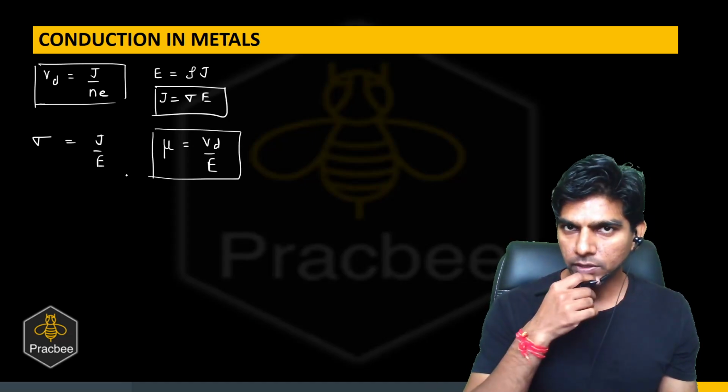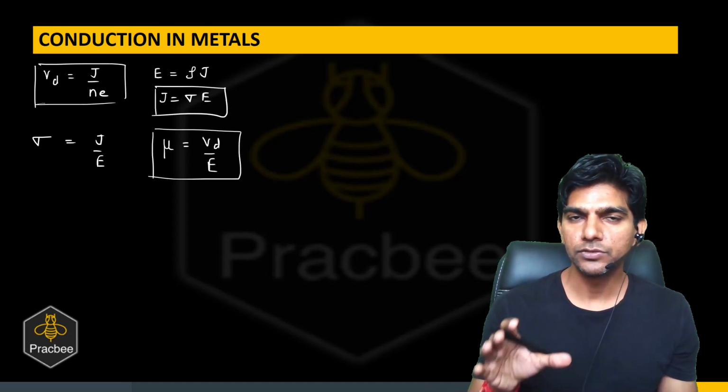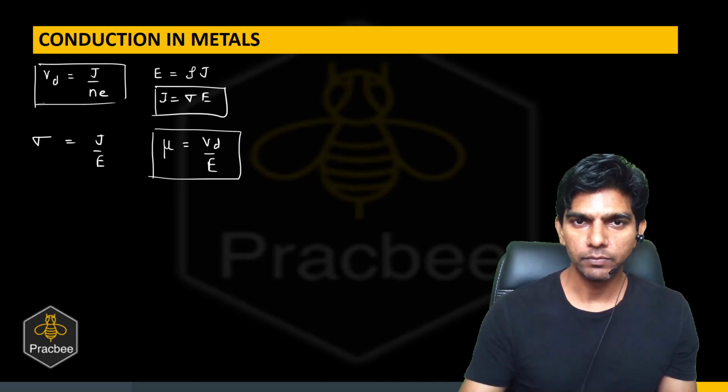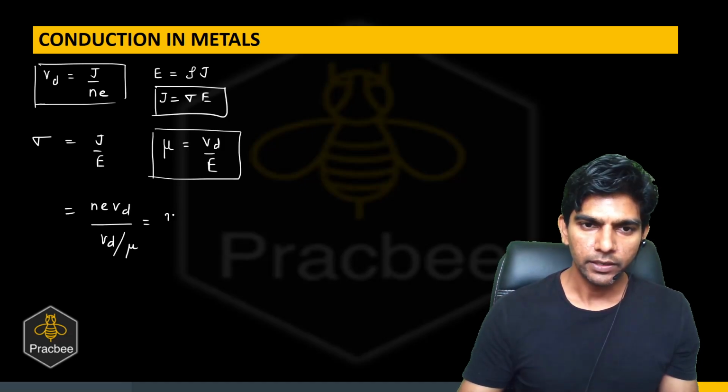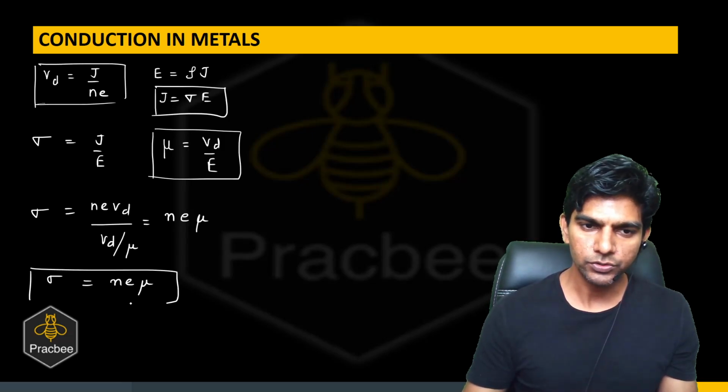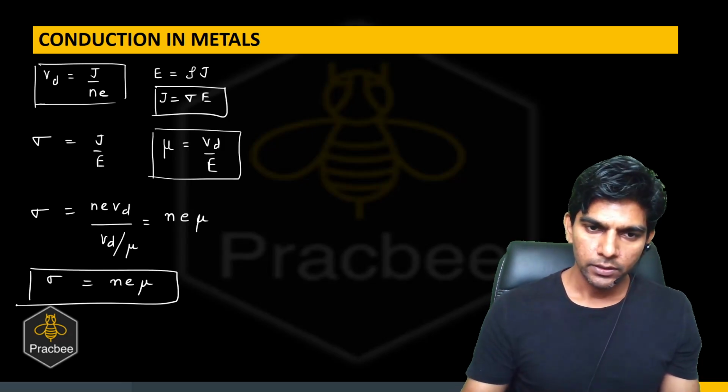So there are three formulas, and I'm going to use these three formulas to see what the conductivity of a metal is. J upon E is what? J is NeVd and E is Vd by mu. So it will be Ne mu. So we can say the conductivity of a metal will be given by this formula, Ne mu. You should remember this formula.